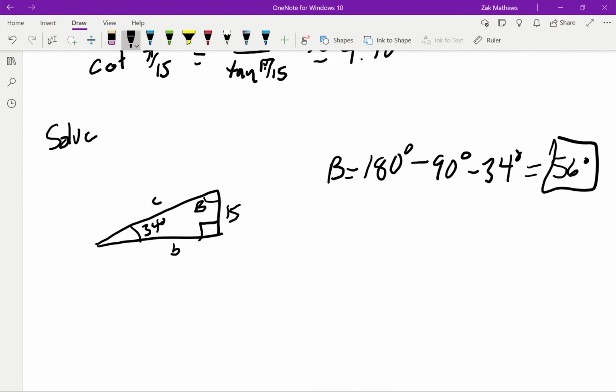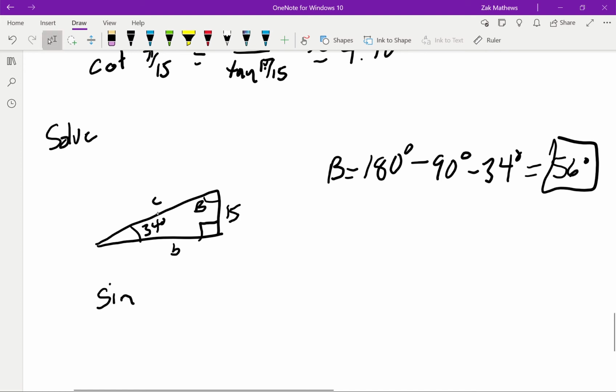Let me start with side C just for something different. And so if I think about what I started with, again, I could use the 56, but I'm going to just use what I started with, the 34, the 15, and the C. C is the hypotenuse. So I have the 15 as the opposite and C as the hypotenuse. I'm going to have to use the sine.